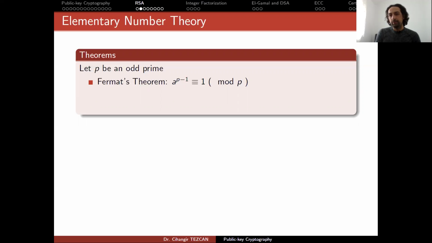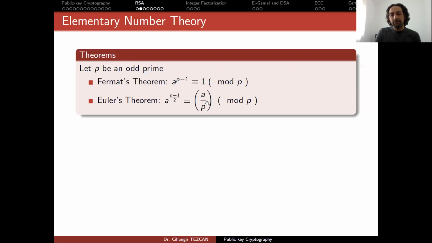In primality testing, we try to figure out if a given number is prime or not, so it is a decision problem. In those kinds of tests, we are going to use theorems like Fermat's theorem, or Euler's theorem. It is somewhat similar, but this time p minus 1 is divided by 2, and the result is given in this form.